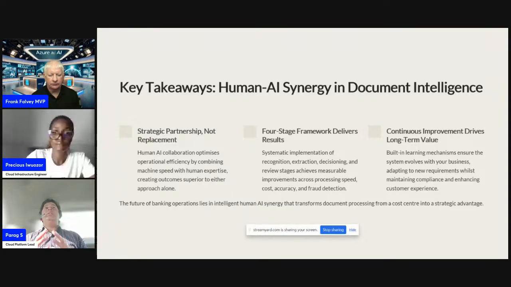It's like 4 pillars to make this successful. And last is continuous improvement for this AI model, which will drive long-term value. Because if you stop, it may not be compatible with the new regulatory rules or the new fraud detection that needs to be done. So continuous improvement is the key.